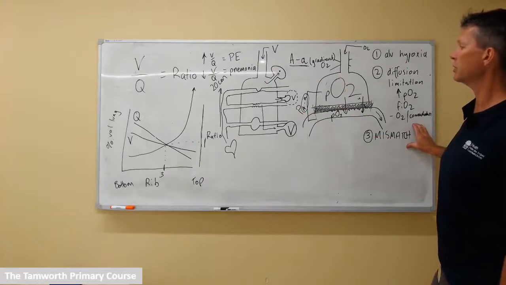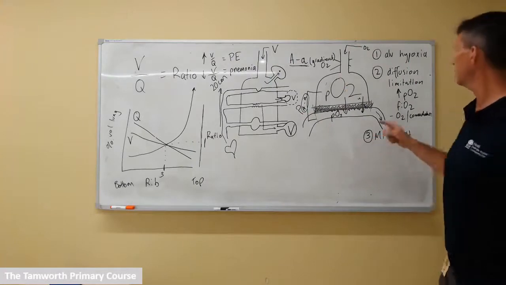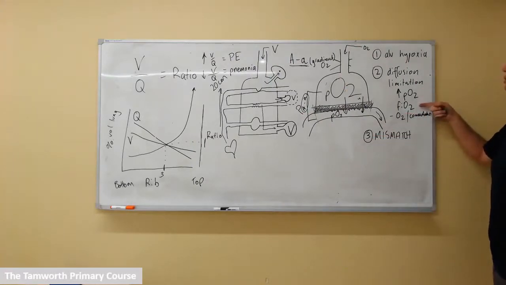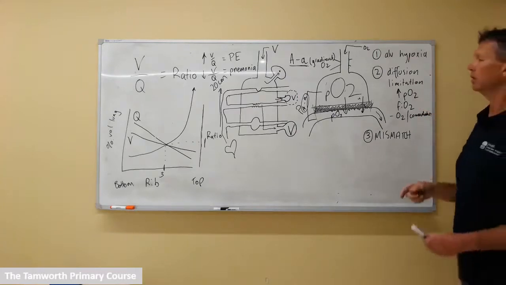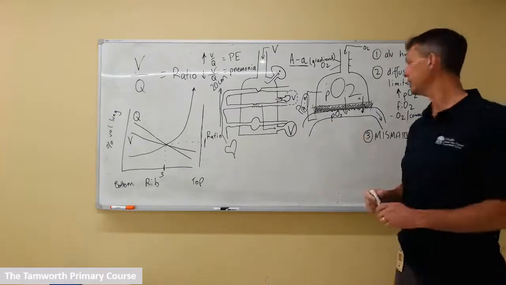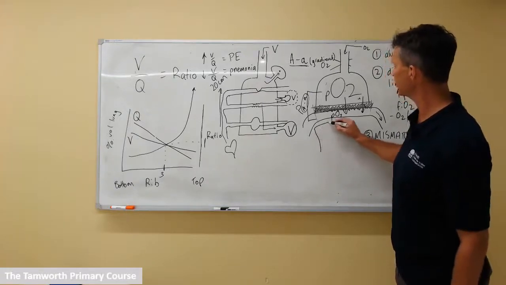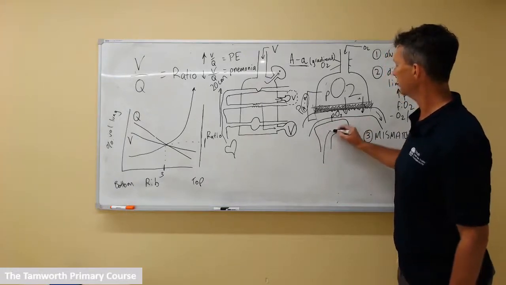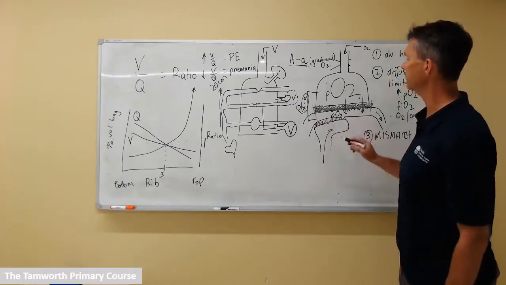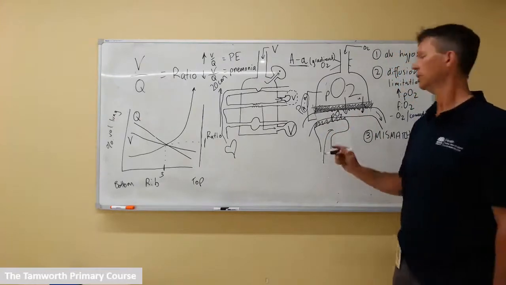Now, there will be some reversibility of mismatch with changing of PO2 and FiO2. The proportion of how that changes is related to the inclusion of the next respiratory unit in here and another membrane that we can recruit.